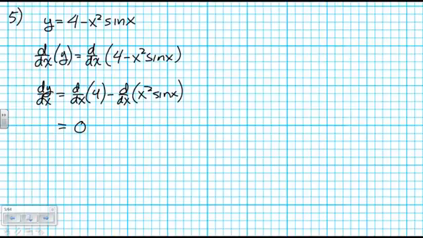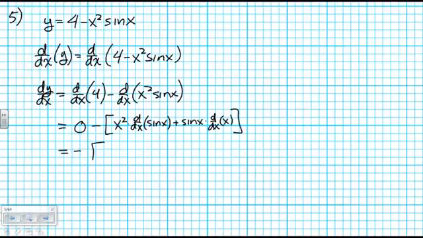Derivative of 4 with respect to x is 0. That's the constant. Minus. This is going to be the product rule. It's going to be first times the derivative of the second plus the second times the derivative of the first.